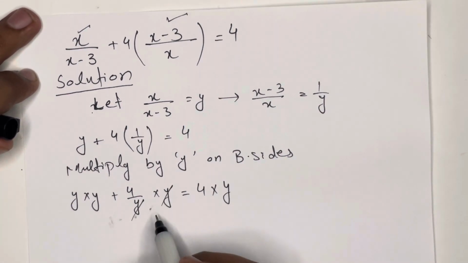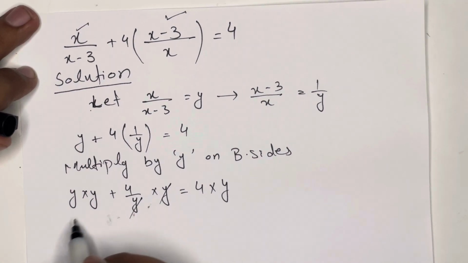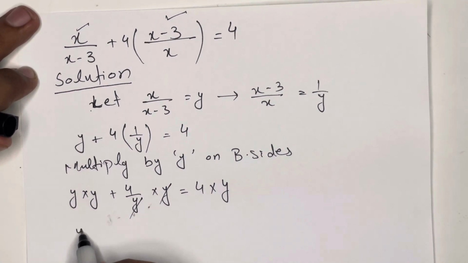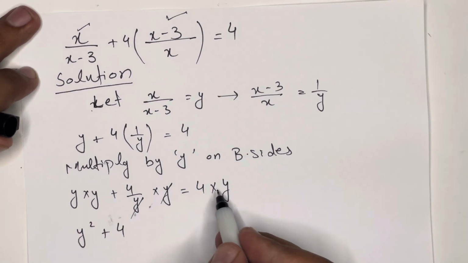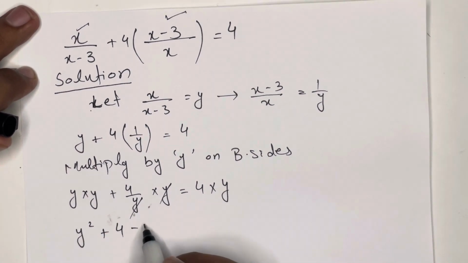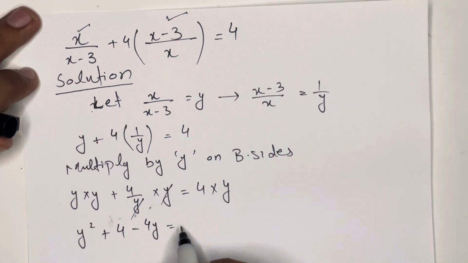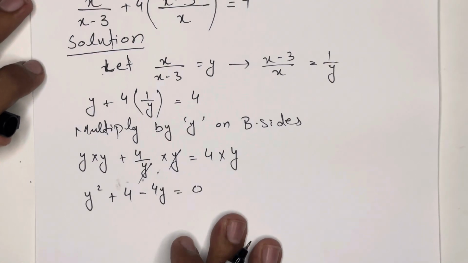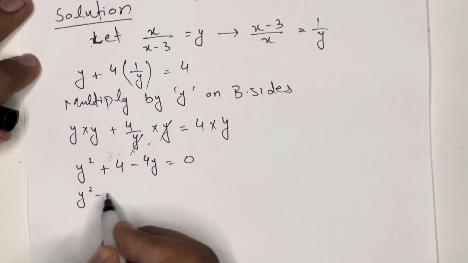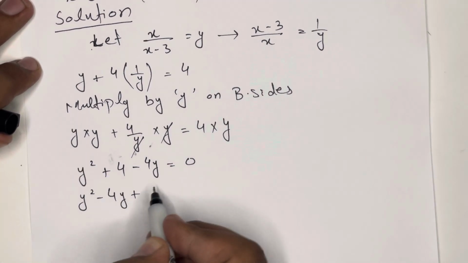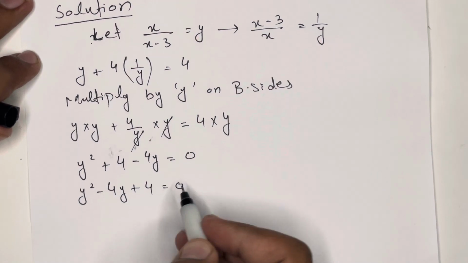So this can cancel, and now the equation will be y square plus 4, and when I take this term to this side, it will be 4 minus 4y. Now I can write y square minus 4y plus 4 equal to 0.